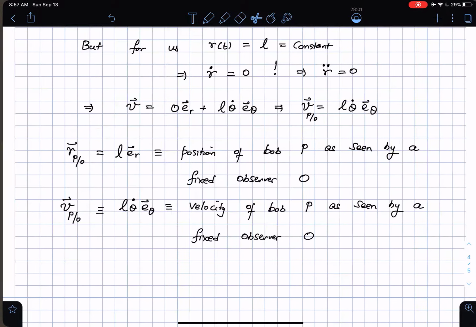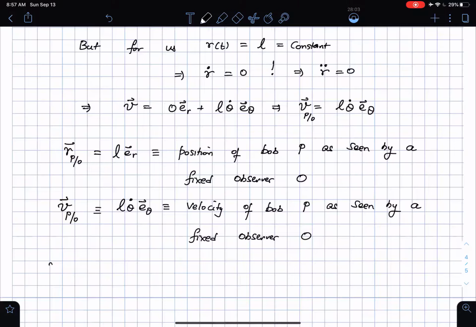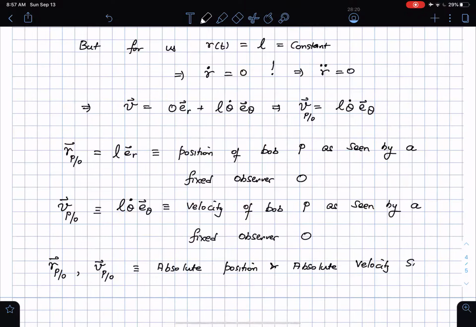In this situation, these terms r_P/O and v_P/O are called the absolute position and absolute velocity, since they are with respect to a fixed observer.